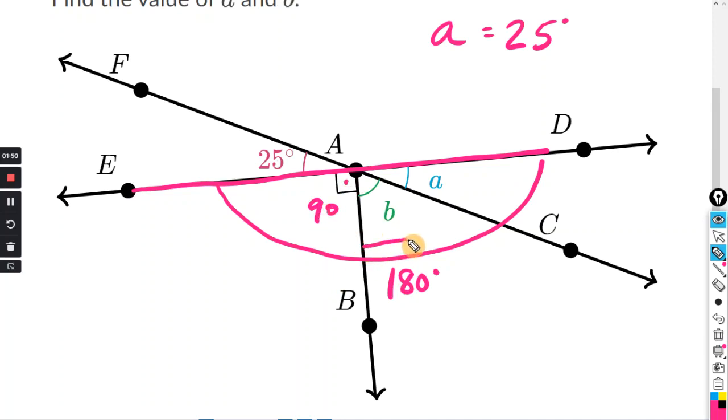Therefore, this angle right here is also going to be 90. So between A and B combined, if I combine this angle and this angle here, they are going to be 90 degrees. All right, so A plus B is just 90.